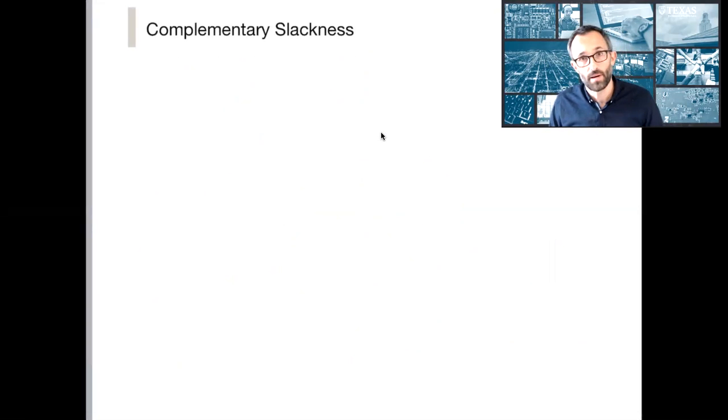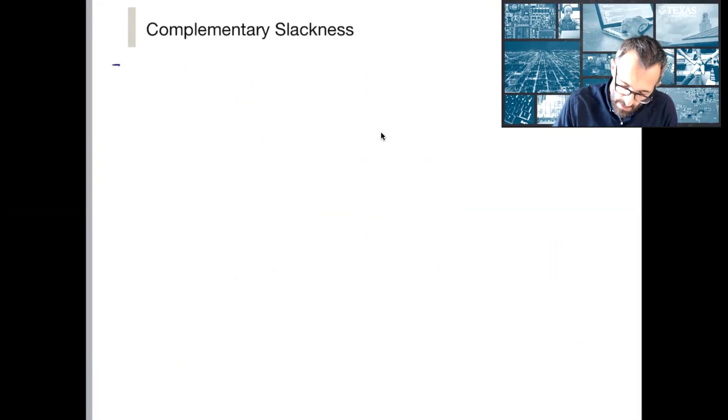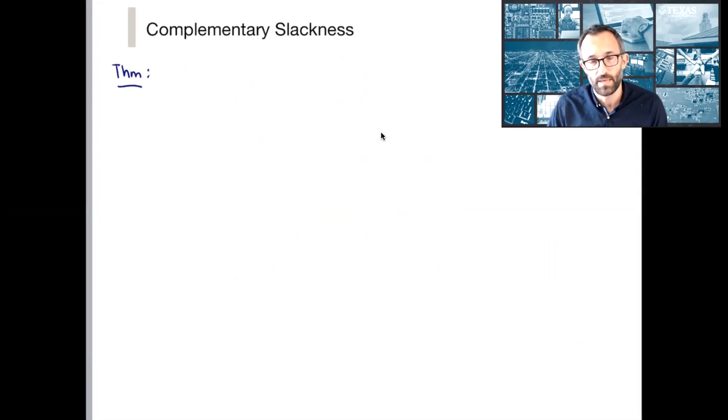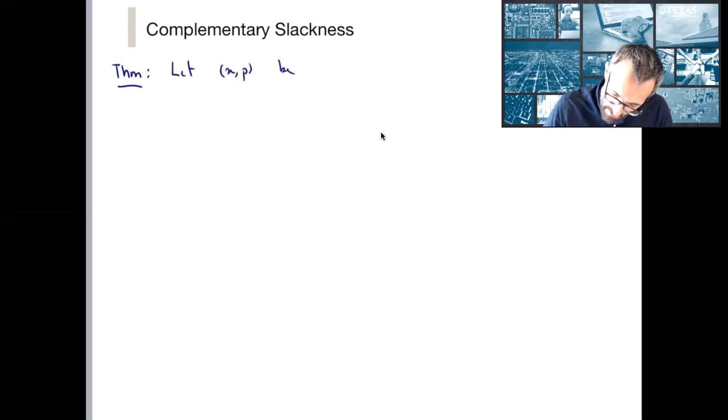The last important point that we need to talk about is this property called complementary slackness. The key theorem says the following. Let's take X and P, a primal feasible and dual feasible pair.